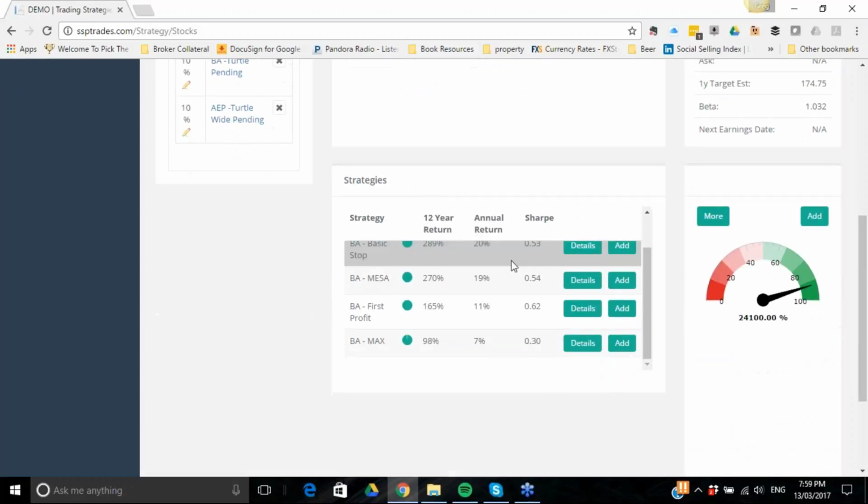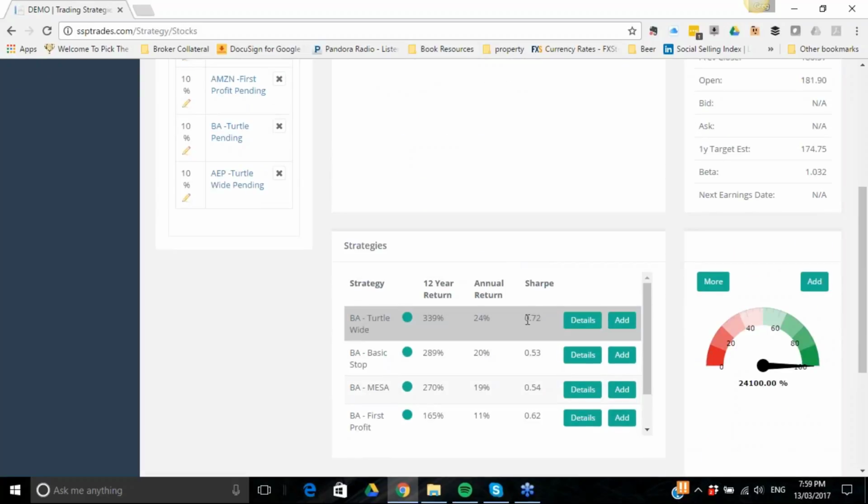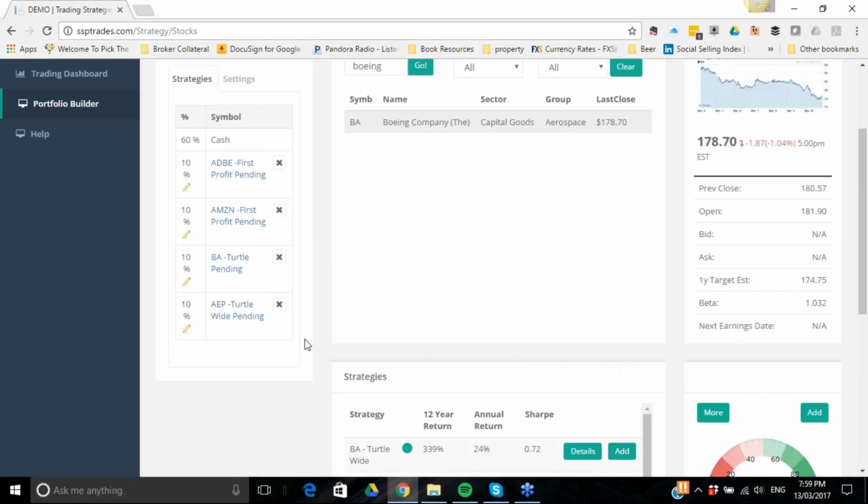You see under Boeing here, there's a whole lot of different Sharpe indexes: 0.72, 0.53, 0.54, 0.62. There haven't been any really high ones in any of the shares I've chosen, just because I haven't gone looking for really high ones. So I'm just going to go to Investopedia, which has given me definitions for what a Sharpe index, or Sharpe ratio, is, and it's thus.